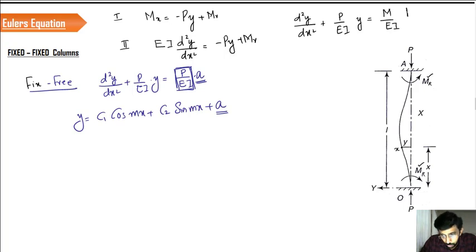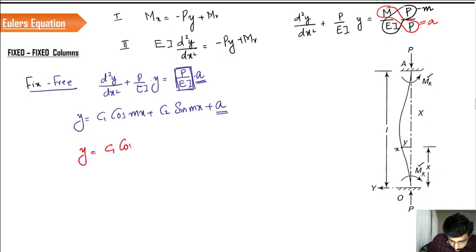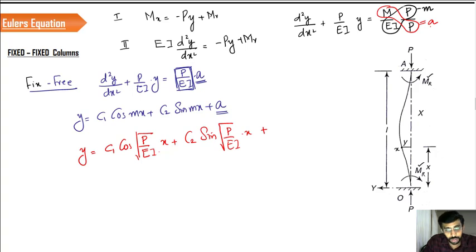So I will put a P in the numerator as well as the denominator, and I can use this P by EI as the coefficient. Now this MR by P is what? A. So the general equation is going to be Y equal to C1 cos root of P by EI into X plus C2 sin root of P by EI into X plus, in the place of A, we can rewrite it as MR by P.